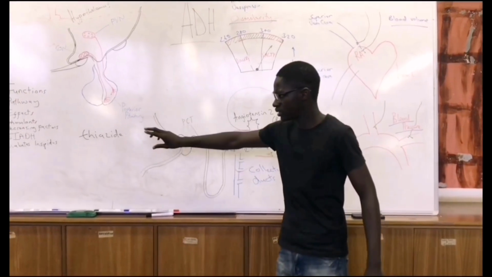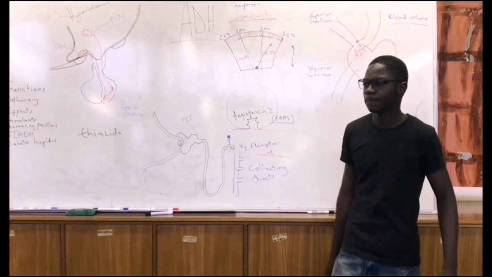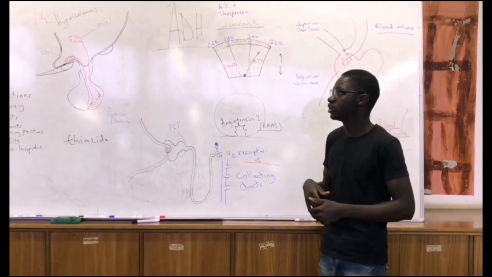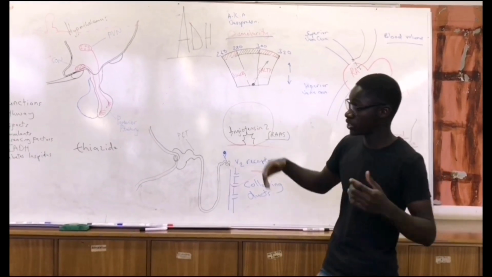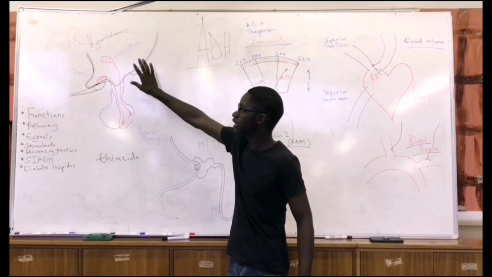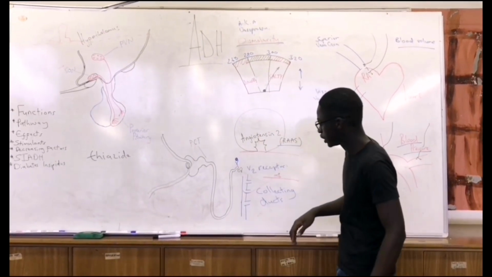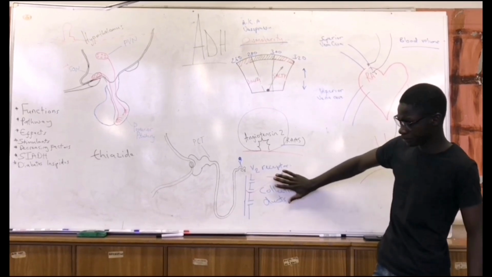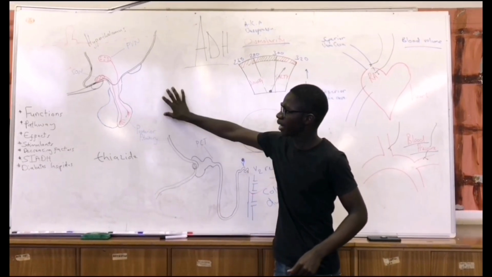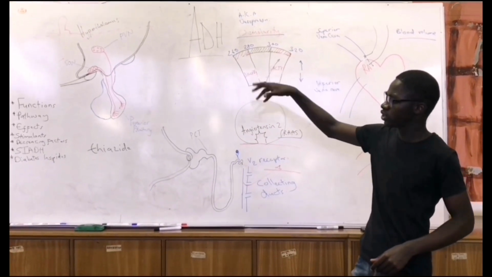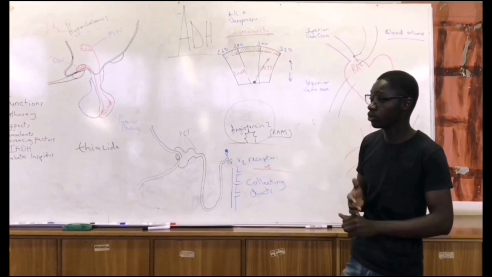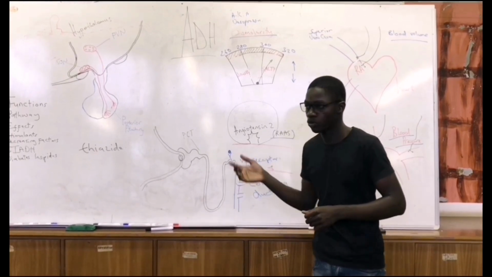Now, diabetes insipidus is where we have low secretion of ADH, and it can be primary or secondary. Primary, also called neurogenic, occurs due to defects in the hypothalamus, or secondary, occurring due to defects in the kidneys. Primary or neurogenic diabetes insipidus can be treated using desmopressin, which is a synthetic form of vasopressin.